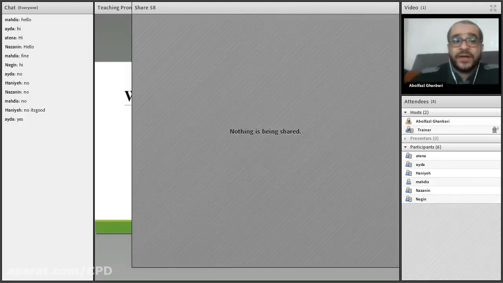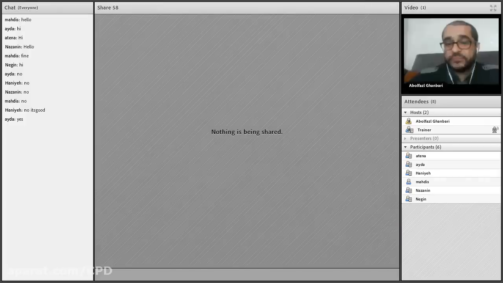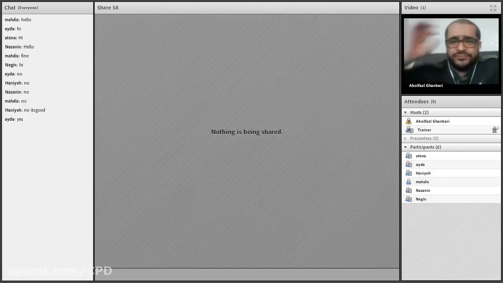How can learners find the stress patterns of words? We need to check a dictionary. You should look up the words in a dictionary to find out the exact stress pattern.